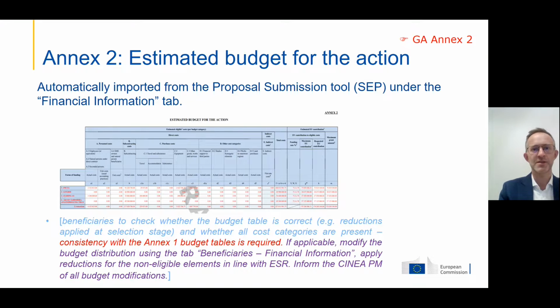You may have reductions which were required by the evaluation committee, so then from certain work packages, money needs to be withdrawn. Please have a look at this and make sure that the information is consistent also with the Annex 1 budgetary table. If in doubt, please ask our project manager for explanations.